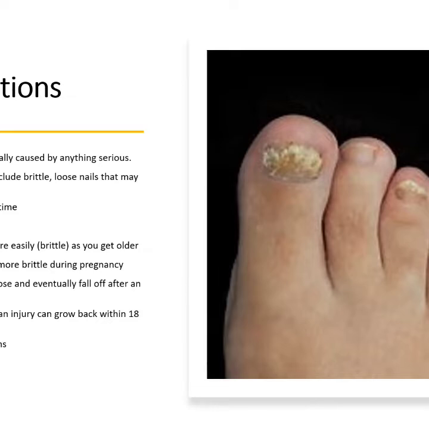We consider nail conditions. Nail problems are not usually caused by anything serious. It is common in the elderly, and you can find their nails being brittle, loose, and sometimes the color might start changing, even the shape of the nail changing as well.